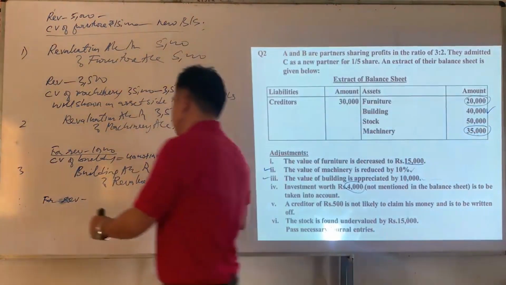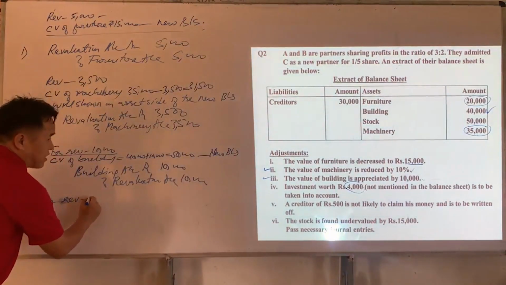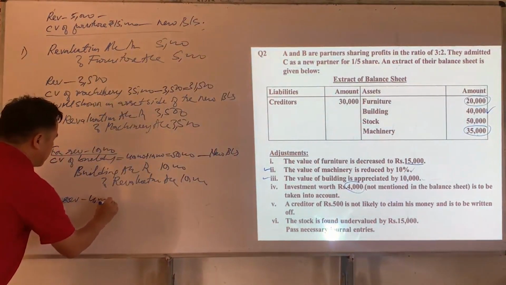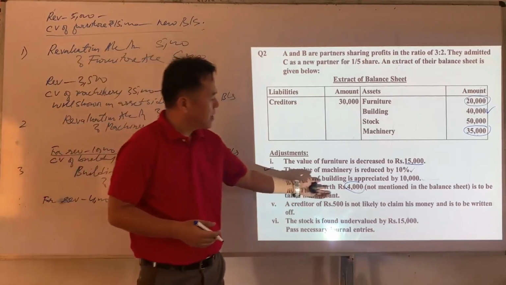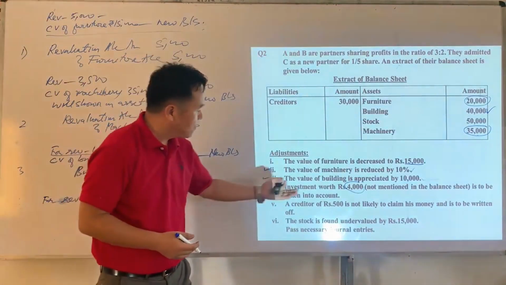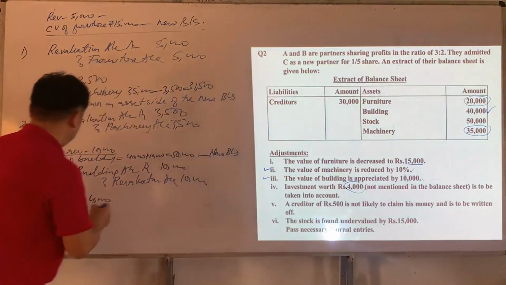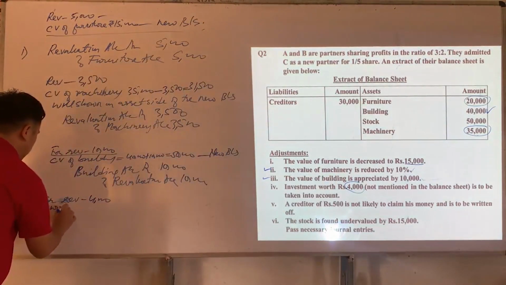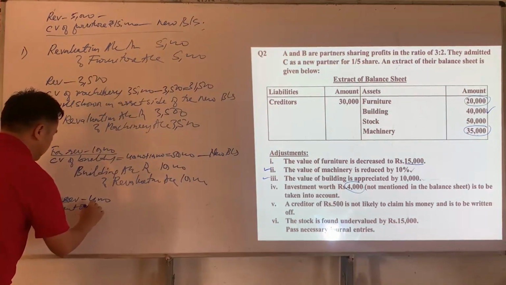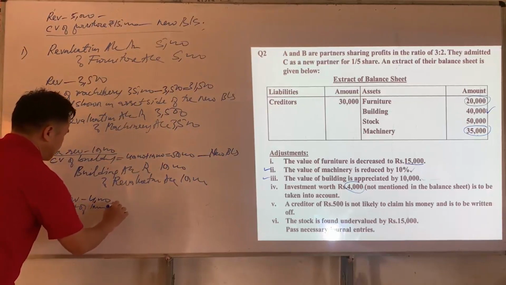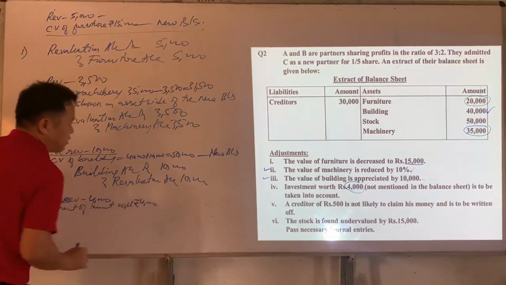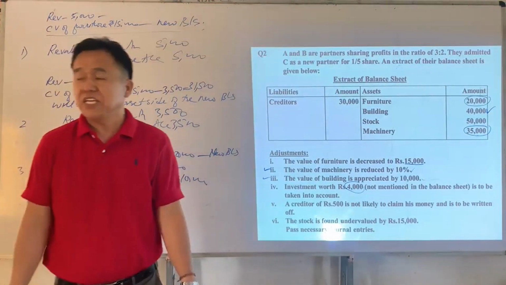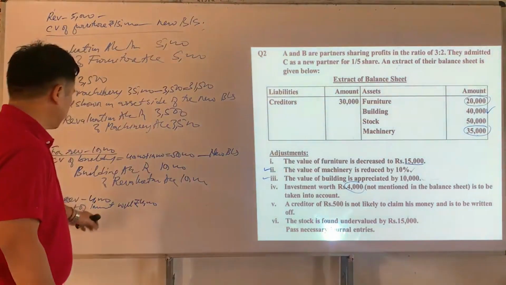So what is the current value of investment? Again, the current value will remain the same. The current value of investment will be rupees 4,000, which will be shown on the asset side of the new balance sheet.